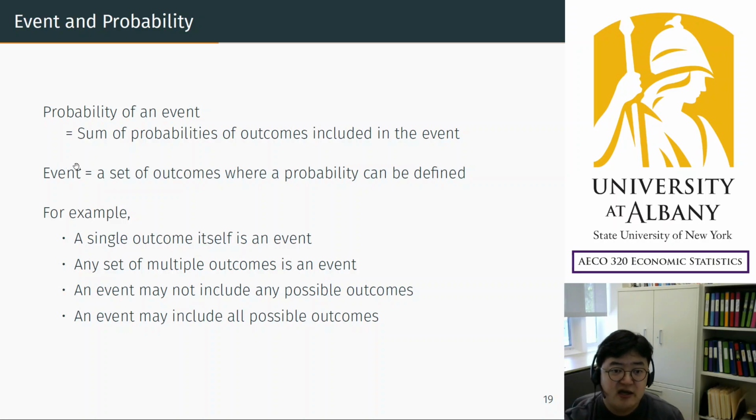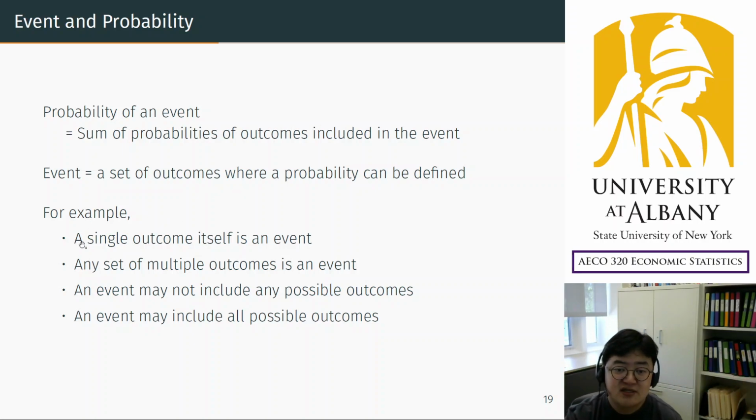Technically, mathematically, the target of probability is not an outcome because you can do more general probability, right? So an event is a set of outcomes where a probability can be defined. Mathematically, an outcome is just one single outcome, but you can think of probability on a collection of outcomes.